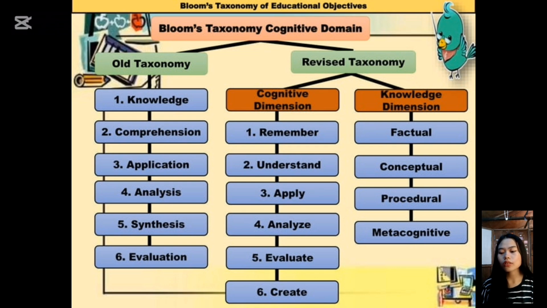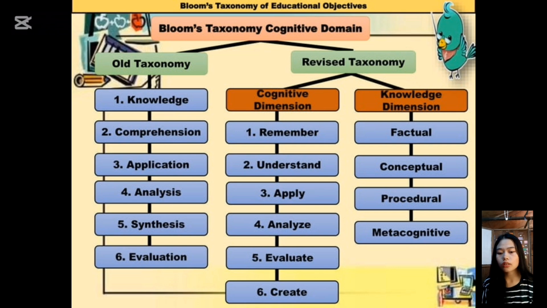So, in old taxonomy po, yung 6-level thinking po is consist of knowledge, first; second, comprehension; third, application; fourth, analysis; fifth, synthesis; sixth, evaluation. So, naintindihan nyo naman kanina doon sa nag-report nito yung kanilang definition.